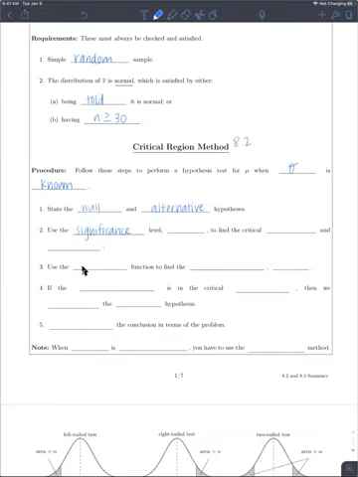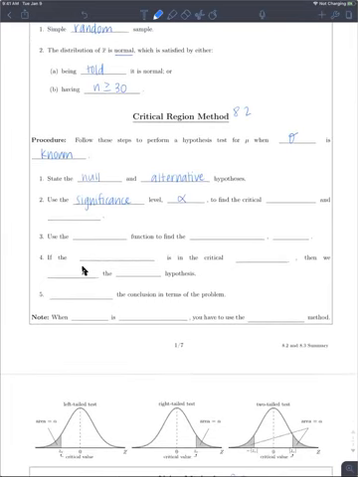It's not Z, Z is the next thing we have to find. Alpha, yeah. The significance level is alpha, and the third thing is when we find Z, which is the test statistic. But you use alpha to find your critical value and your critical region.